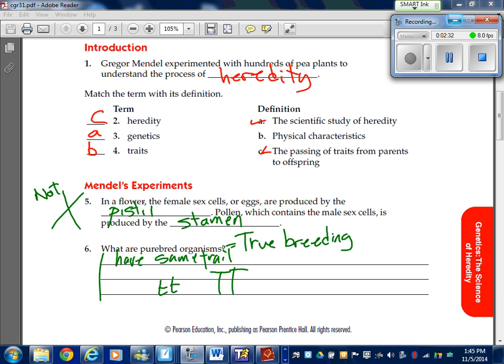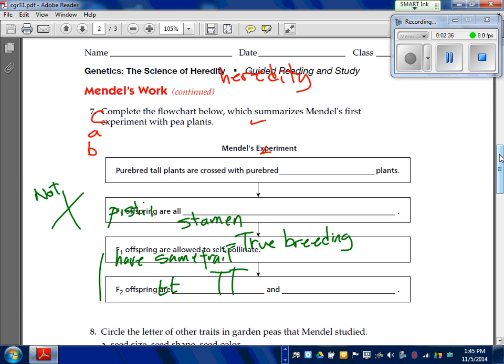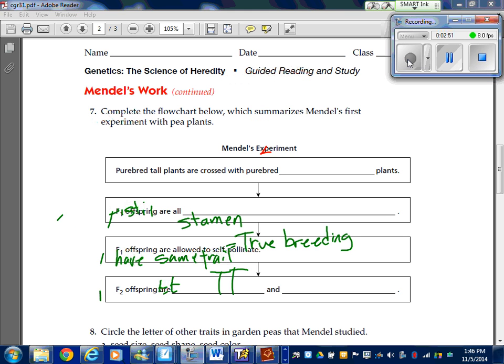All right, next, the next page is this. Okay, and again, this is pretty simple, pretty straightforward, just going through the experiment that Mendel did. So Mendel's experiment here, we see this again.